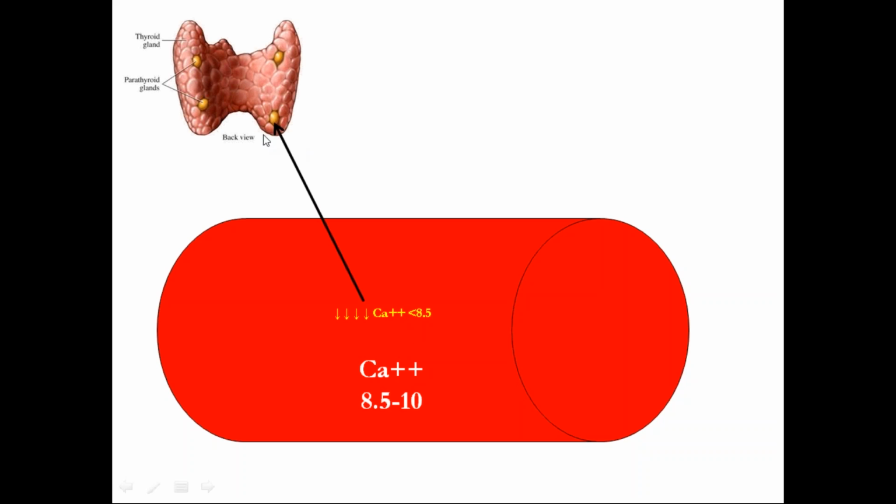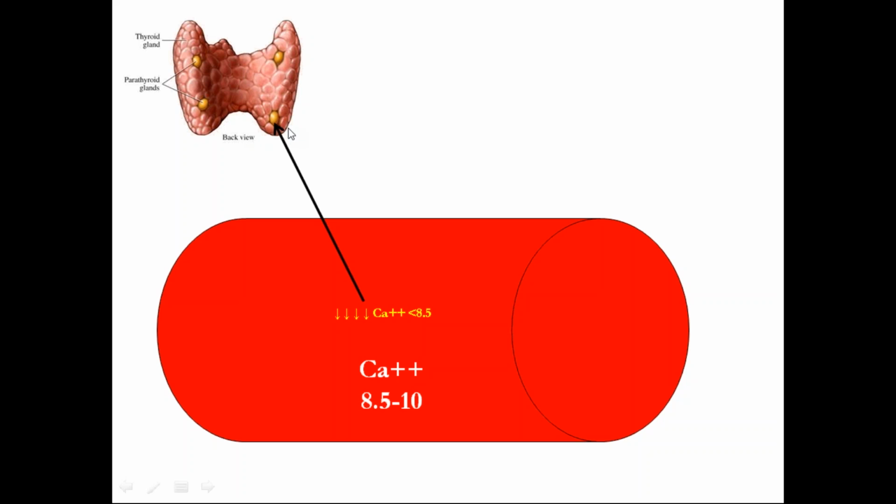Let's talk about the PTH. Here we have a vessel again, and calcium normal values are 8.5 to 10. Then the calcium levels become less than 8.5, so very low calcium levels. Can you see this arrow pointing to the yellow? That is the parathyroid gland that is behind the thyroid gland. This is a back view.